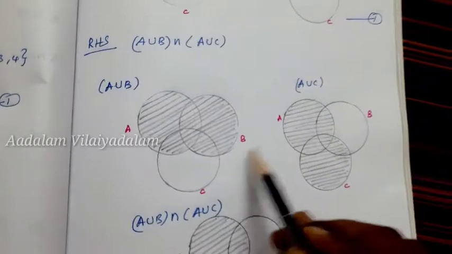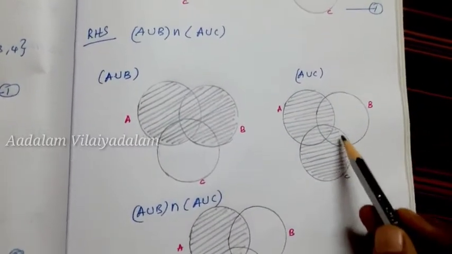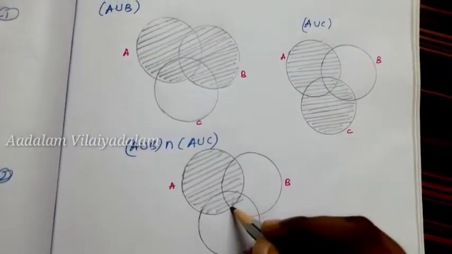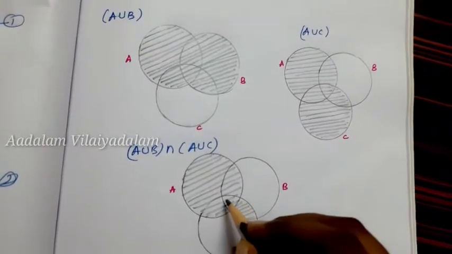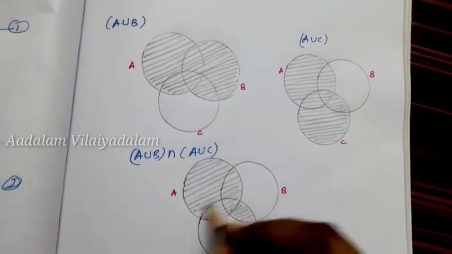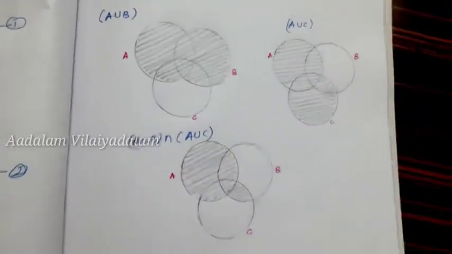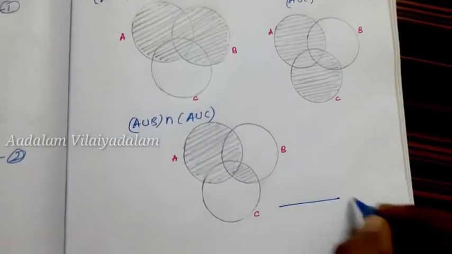Then find the area. So it is common and this area is also common. Then we need to shade that. So use a scale and shade it. So now we can take this as equation 2.